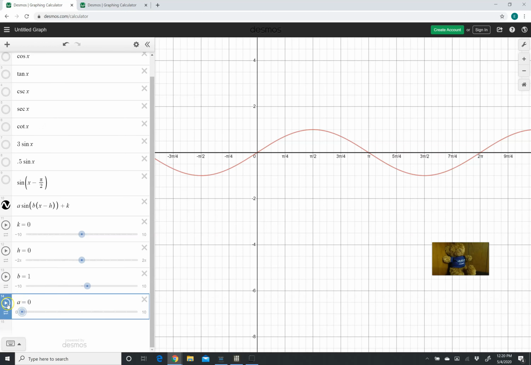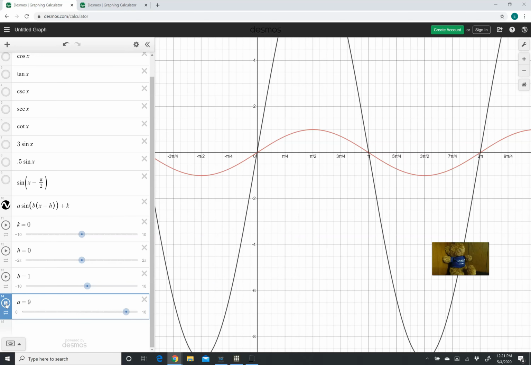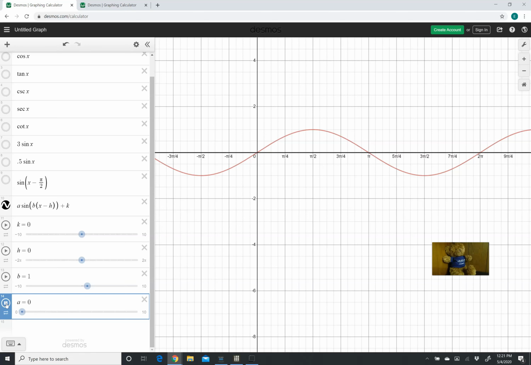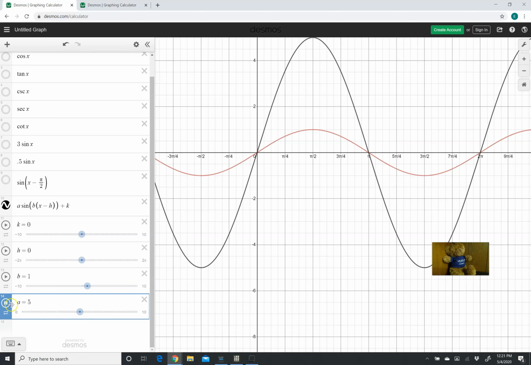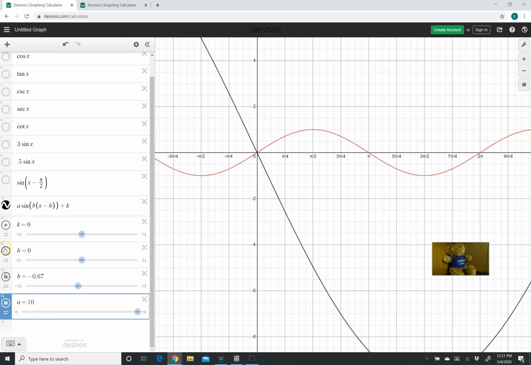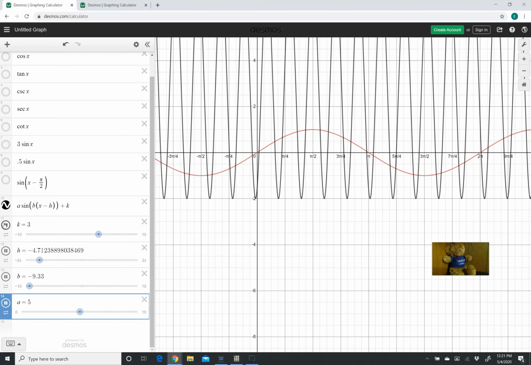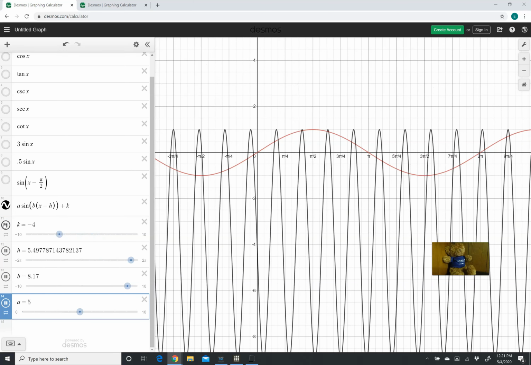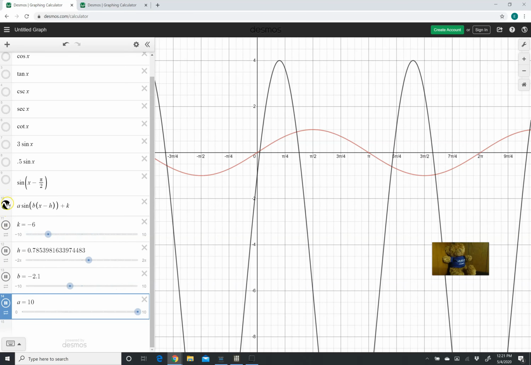Okay, because I don't want it to reflect it. So it gets really large, and then as the A gets smaller, the height gets smaller and smaller, okay? Okay, let's put them on all together, and you could see how much graphs can change, okay? So this is just an example of how much your graph can change.